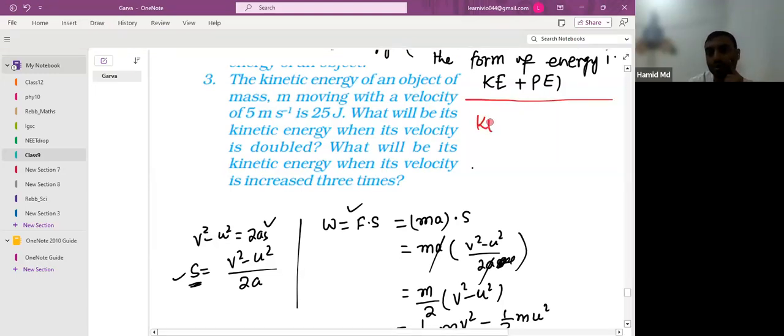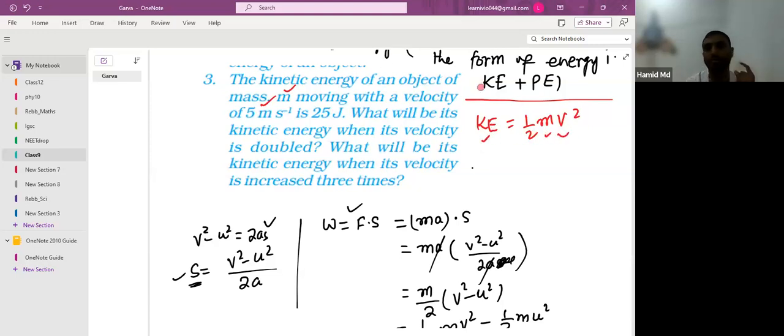We know that kinetic energy is half of mv square, right? Here the mass is m, velocity is 5 meters per second, and kinetic energy is 25 joule.